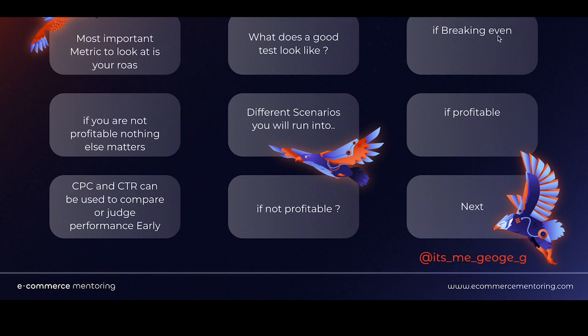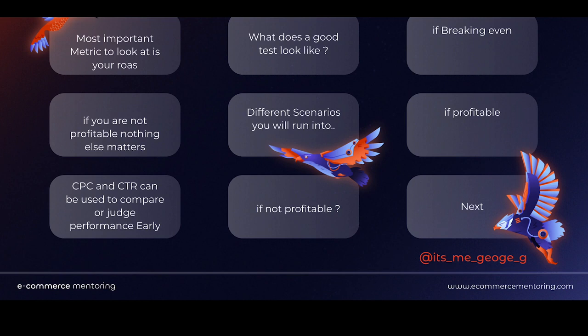If breaking even. Now, if your ads are breaking even, then you can take the winning assets out of that campaign and combine them. So what I mean by that, let's say, for example, your testing campaign, as I said, has 3 assets, and one of the assets is extremely profitable, but the other 2 are bringing the campaign down because they are not profitable.